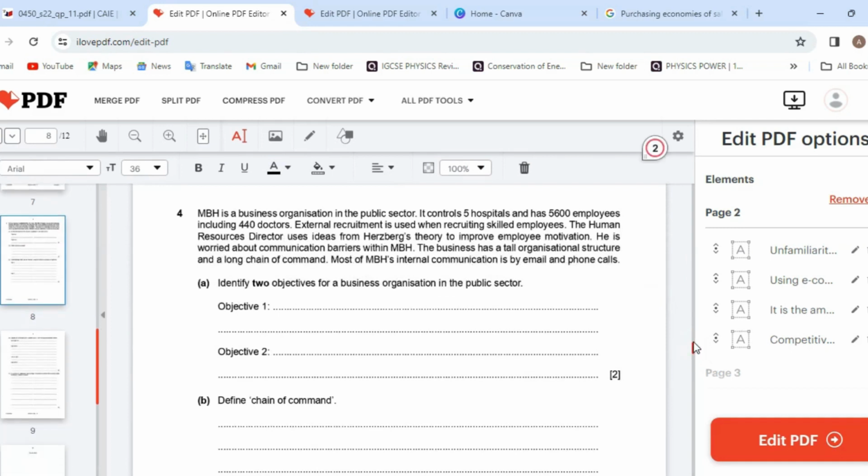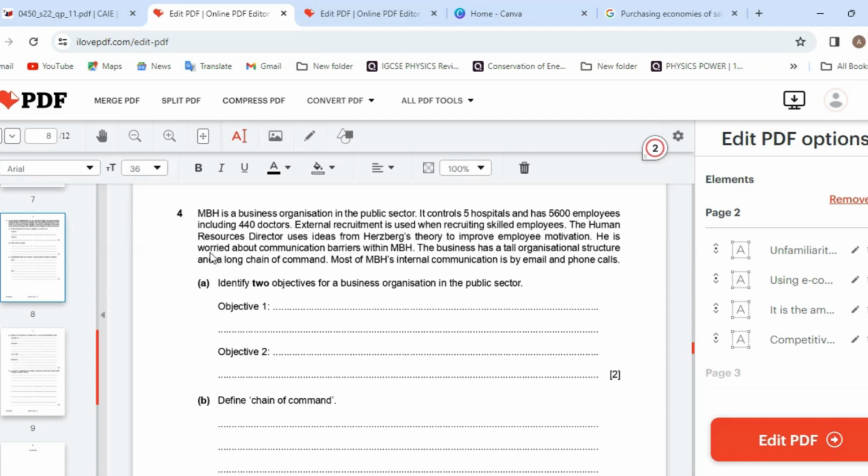Okay, we have question number 4 here. Let's read this appendix first before we move to the question. MBH is a business organization in the public sector. It controls 5 hospitals and has 5,600 employees, including 440 doctors. External recruitment is used when recruiting skilled employees.